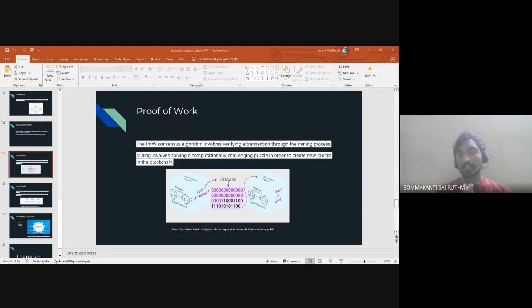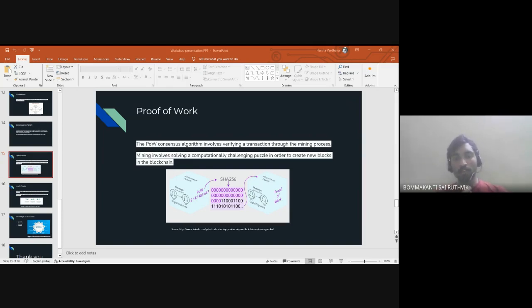If you are malicious, there is no possibility of wasting so much computational energy, so there is no possibility of malicious activity. Proof of work was first introduced by Bitcoin.